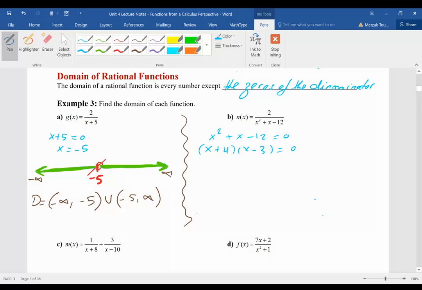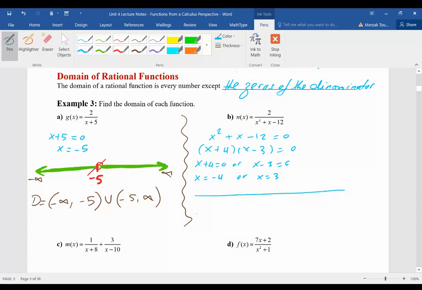So the product of x plus 4 and x minus 3 is 0 if x plus 4 is 0 or x minus 3 is 0, or both 0. So x equals -4 or x equals 3. So the two numbers that must be excluded from the domain are -4 and 3.